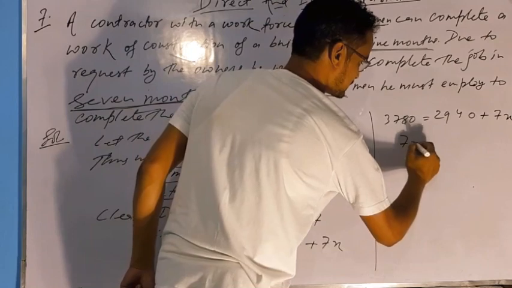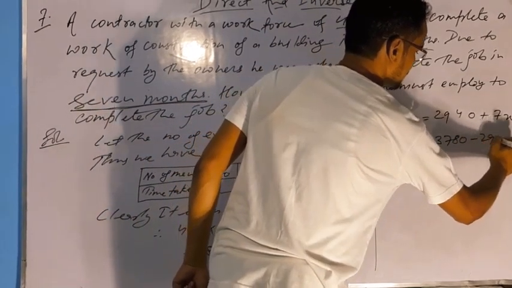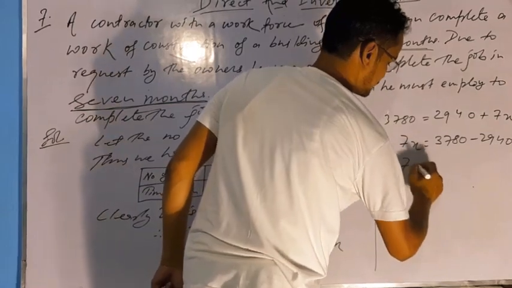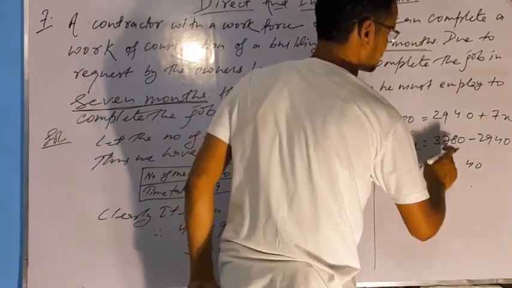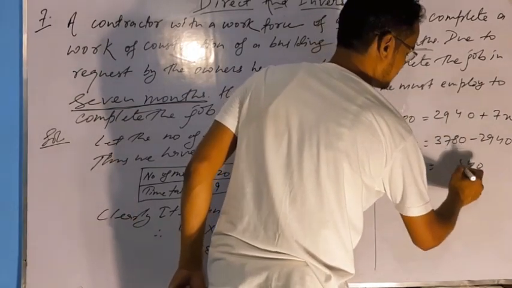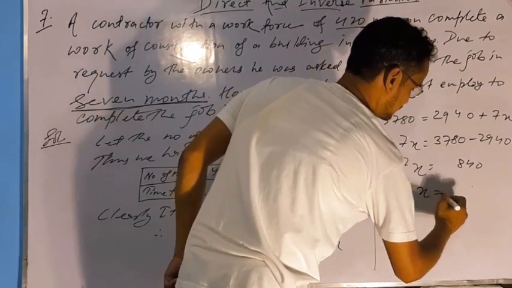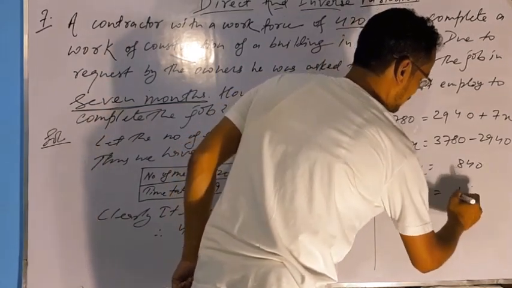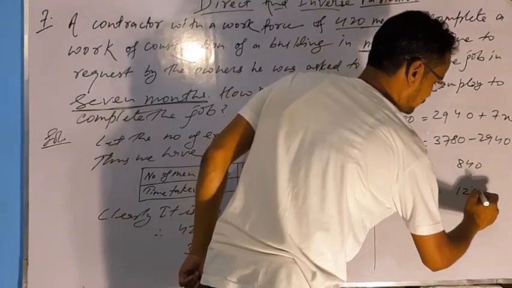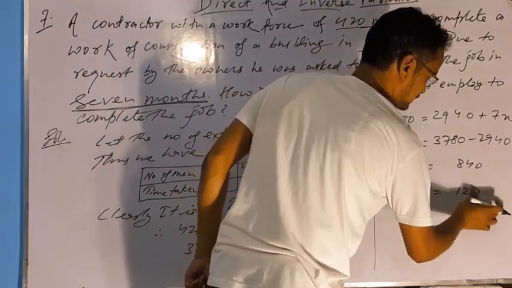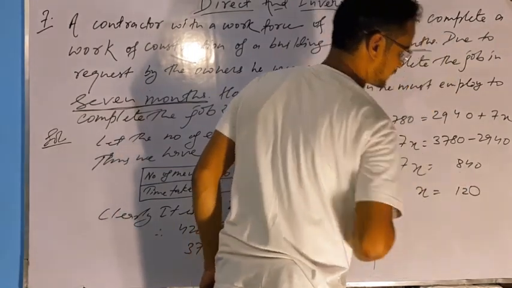Now 7x is equal to 3780 minus 2940, so 7x is equal to 840. X is equal to 840 divided by 7, which is 120.